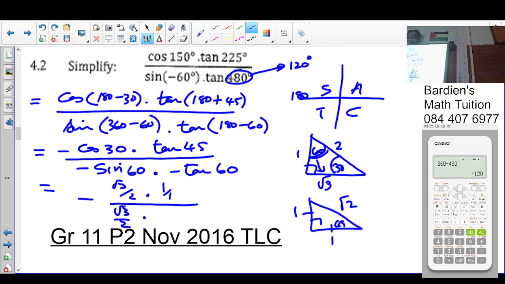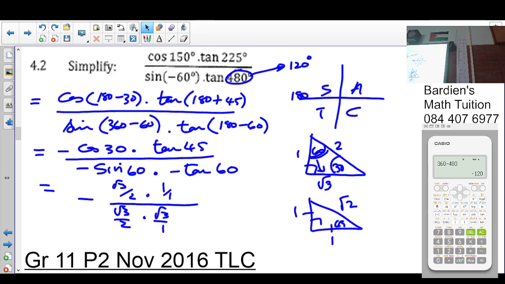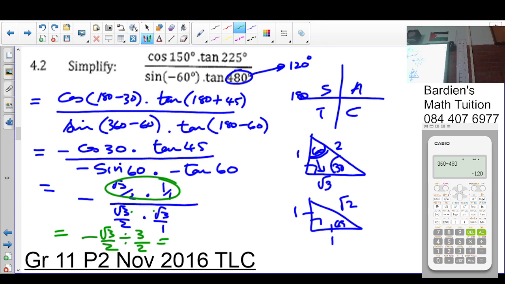Tan of 60, opposite over adjacent, is root 3 over 1. As we know, the answer is negative. So on top you will have root 3 over 2 divided by root 3 times root 3, which is 3 over 2. Root 3 over 2 multiplied by 2 over 3, so that cancels: negative root 3 over 3.